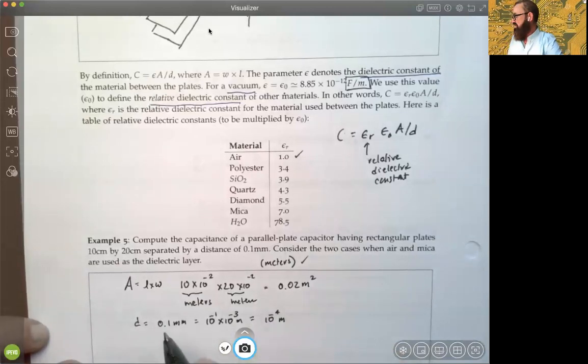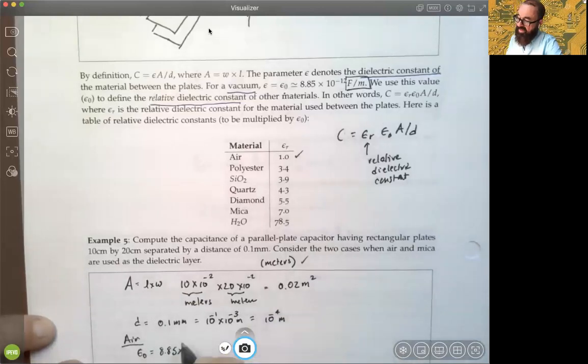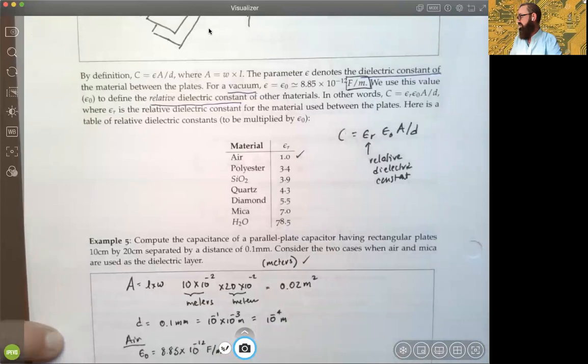If we look at the case of air, then epsilon 0, of course, is 8.85. Again, this is the dielectric constant, epsilon 0, used to define the relative case, 10 to the minus 12 farads per meter.